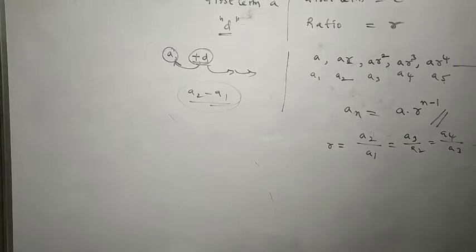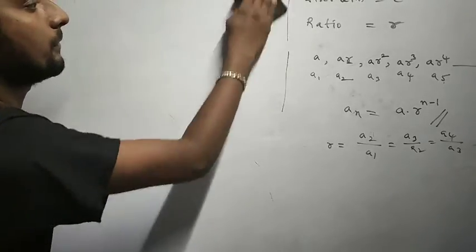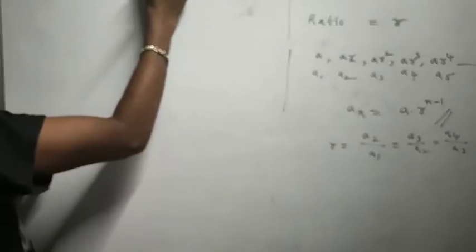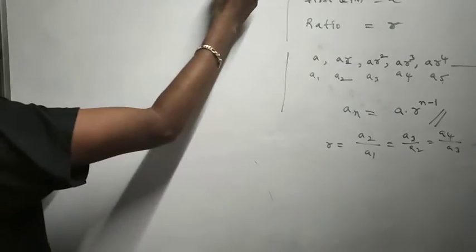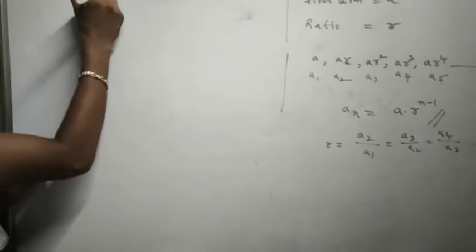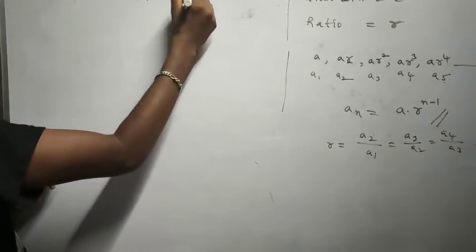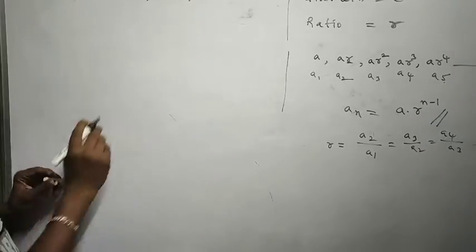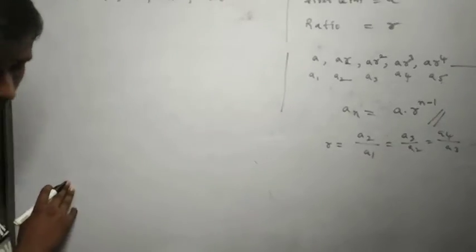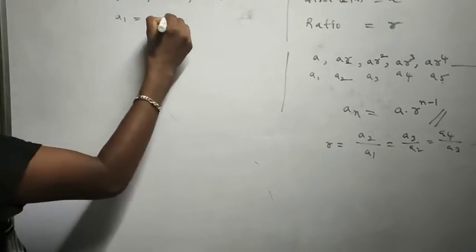Let's see a question. The A value is 4, the R value is 3, find the first 3 terms of the GP. The first 3 terms of the GP are A, AR, AR square. Now A1, that is A, is 4.